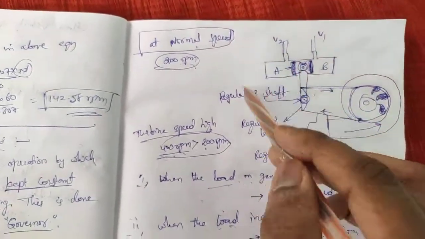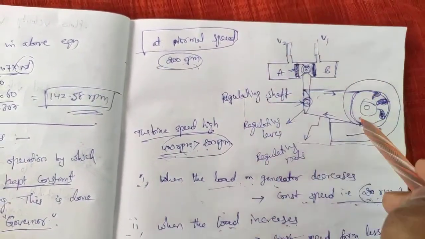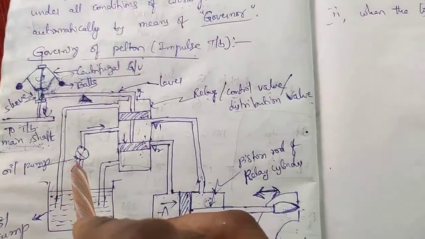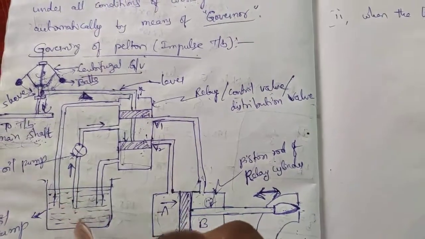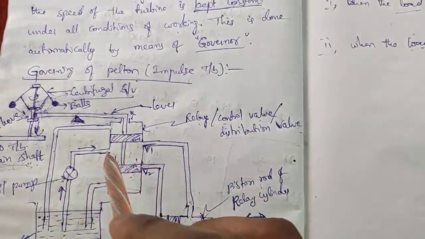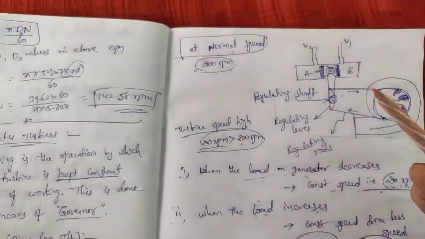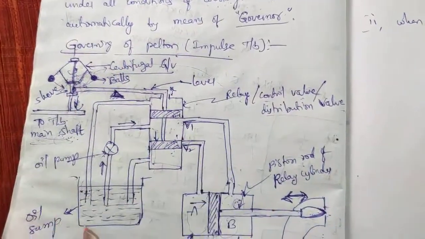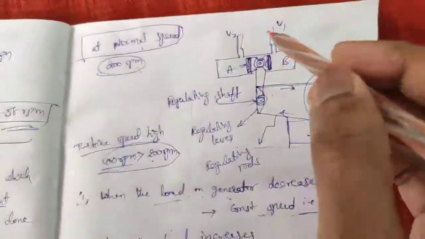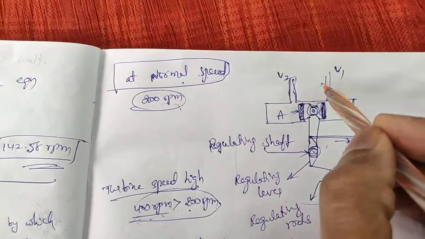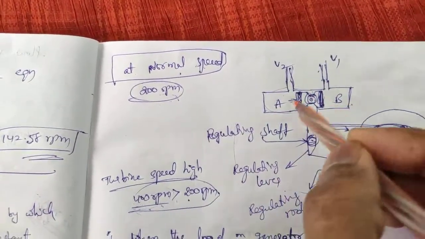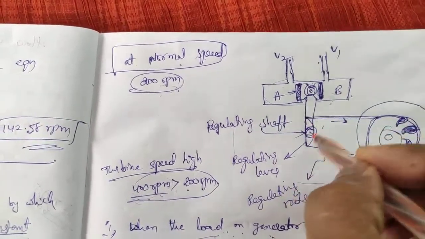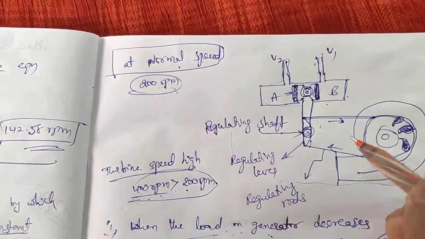So now this is the diagram of the Francis turbine governing operation. This power pump pumps the oil from the oil sump to the relay valve. This entire diagram is similar to the earlier one, but the difference is this is the V2 valve, this is the V1 valve, and in this cylinder, the servo motor, we connected the shaft to one regulating shaft.